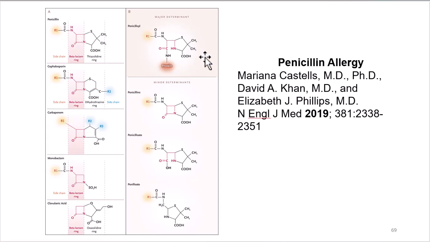And so you're going to have the major determinant definitely bound to protein, and you're going to have minor determinants. One can argue maybe this is following the other pathways, which would be non-covalent interactions, which would be much rarer. So therefore you'd have less likelihood of reaction. Hence there would be minor determinants.